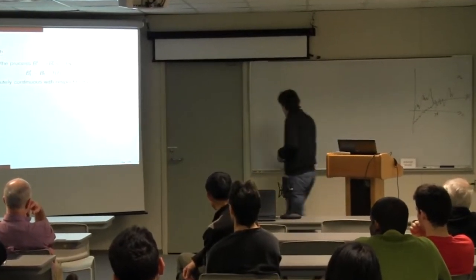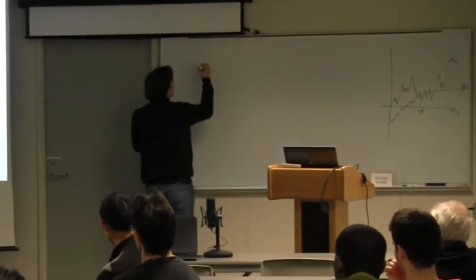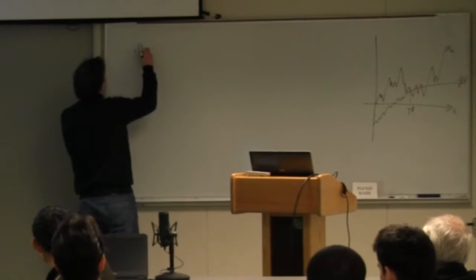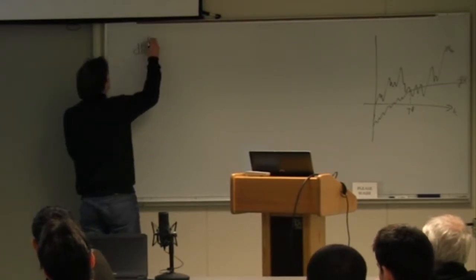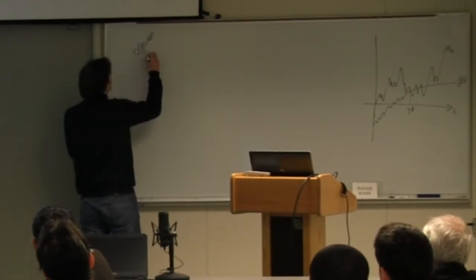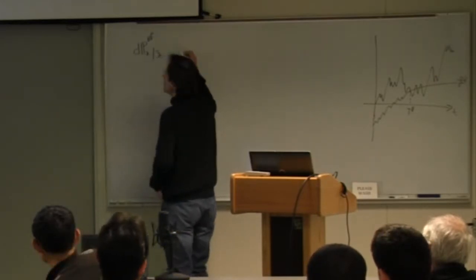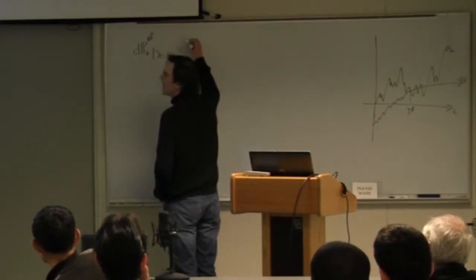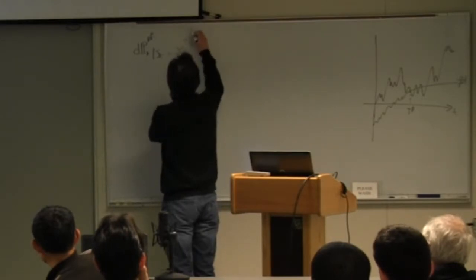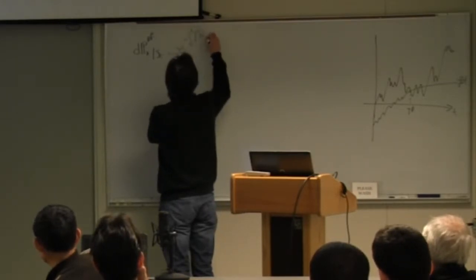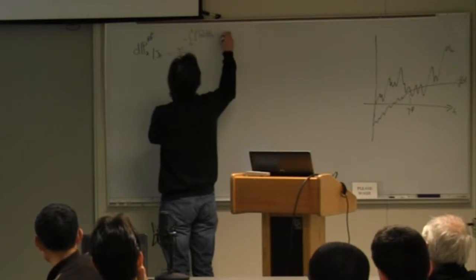So now, what does it mean? It means that if I'm writing the law of Bf, there exists a martingale, and the martingale is given by this exponential martingale.